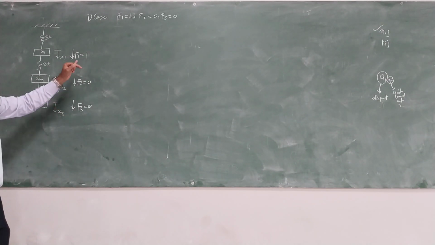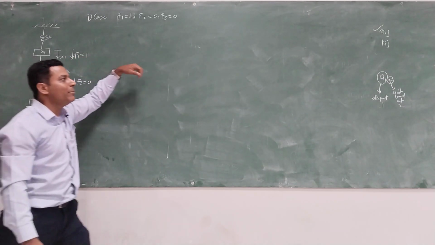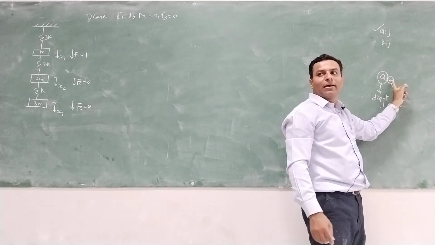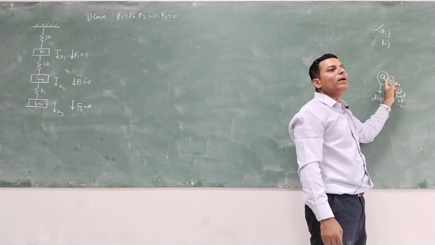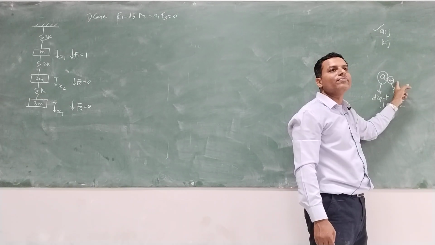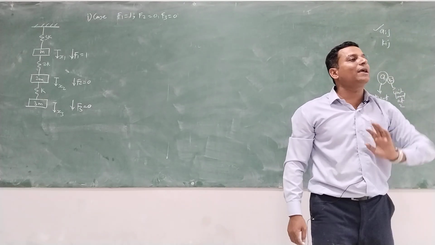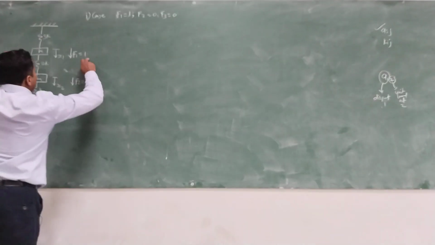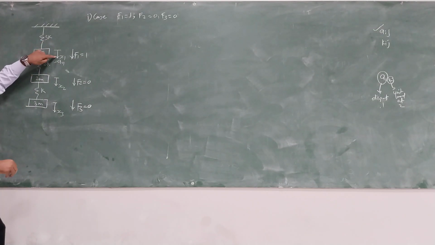Now, as we have applied unit load at 1, A11 means displacement at 1 due to unit load at 1. So x1 will be equal to A11.